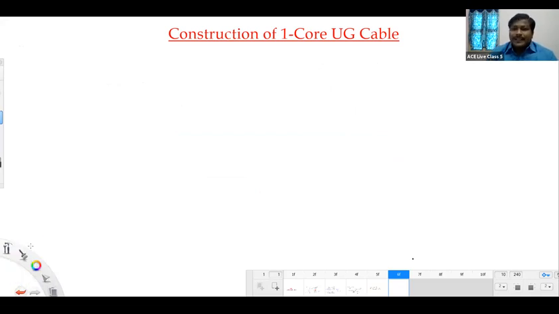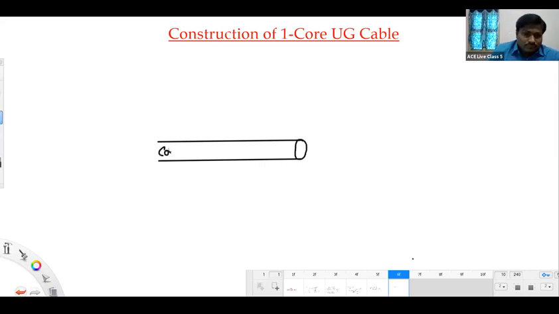As we said earlier, initially we have a conductor. I'm showing that conductor here. Just observe, this is a conductor, or we can say a core. Next, what type of conductor do we have to use here?